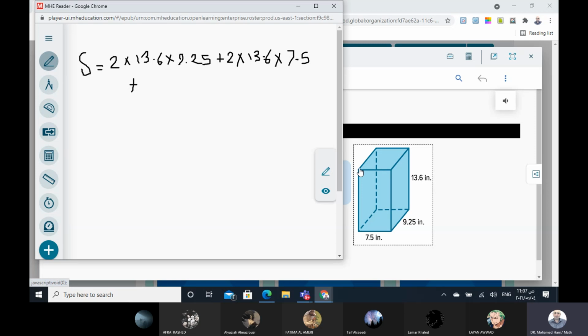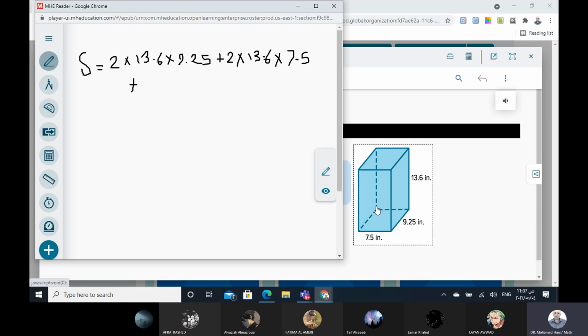we have the top face or the base and the bottom face. Here we have two opposite parallel and congruent bases, meaning they have the same area. How to find the area of the top base or of the bottom base?